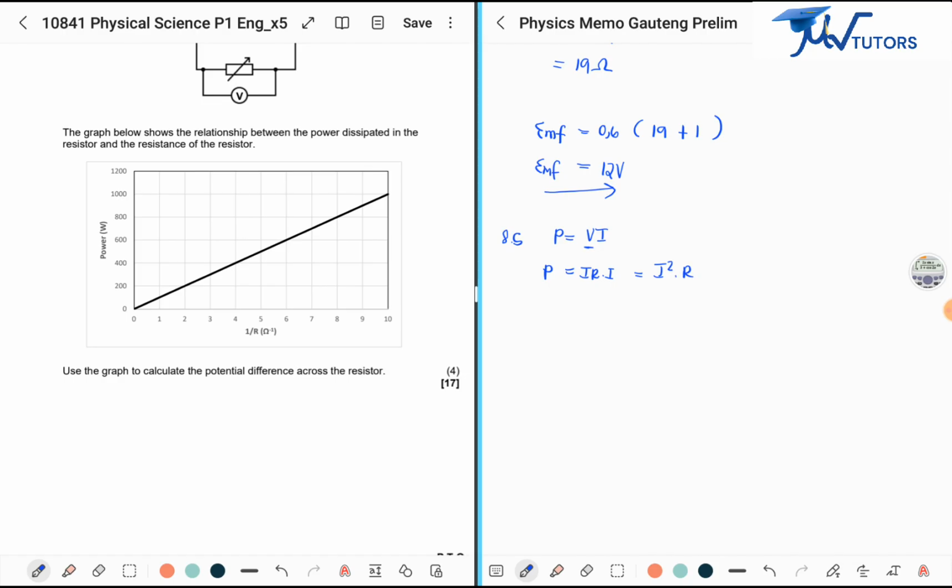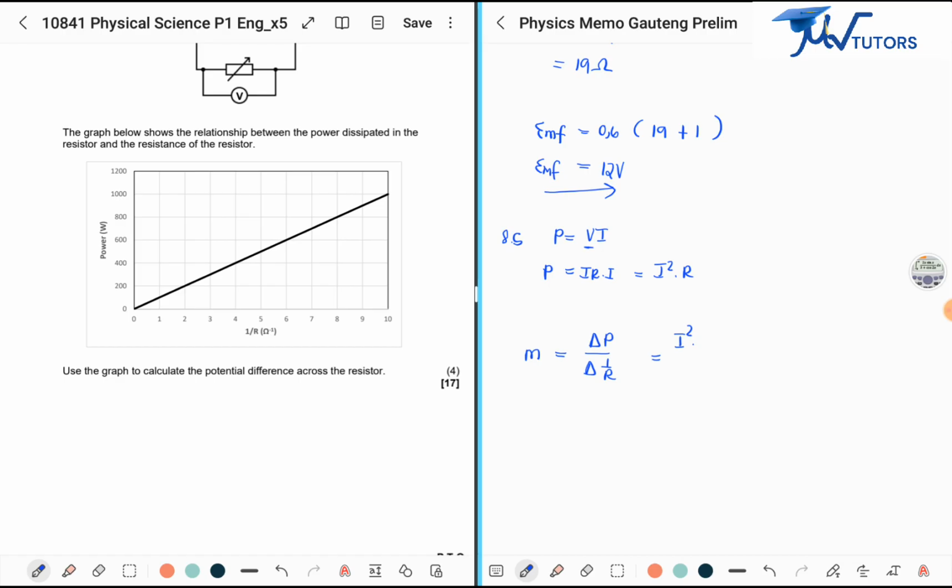Alright, so now, okay, let's park that. Let me look at the gradient of this graph. The gradient of this graph will be delta P, because it's delta Y over delta X. So delta P over delta 1 over R. Okay, and if I do that, like I said, with power, I have I squared times R. I don't really have current, nor do I have the voltmeter.